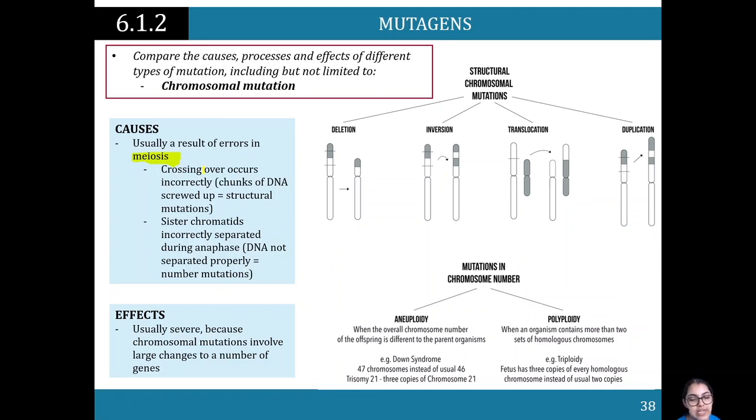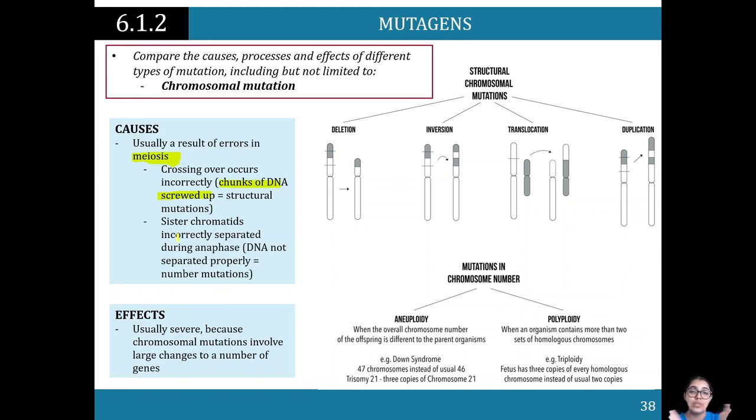Firstly, there could be an issue with crossing over, and if crossing over occurs incorrectly, chunks of DNA can be screwed up, they can move places, and that can lead to structural mutations. Secondly, there can also be issues with sister chromatids being incorrectly separated. Remember, the sister chromatids line up near the mitotic spindle, the spindle is attached to them, and they're separated.